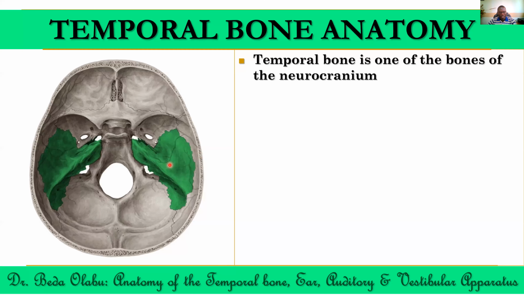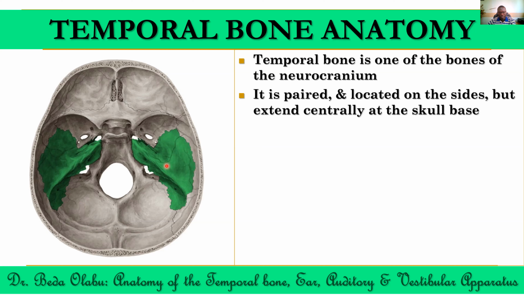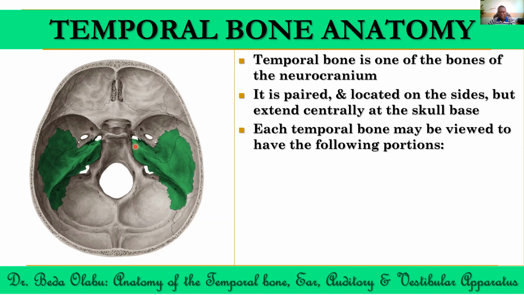Some part of it are in the skull base, some part of it will cover the calvaria actually. It's a paired bone, so we have a right and a left part. As we can see, they extend from peripherally all the way toward the center, not quite meeting right and left, but they approximate the center. They are the skull base.